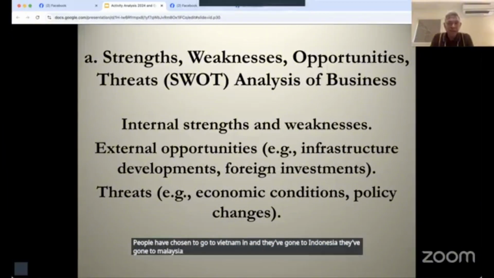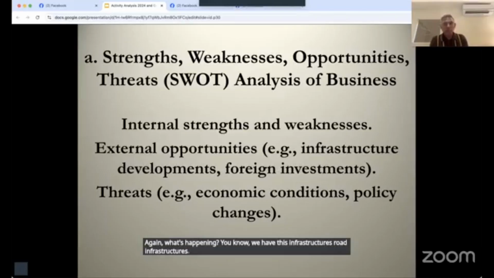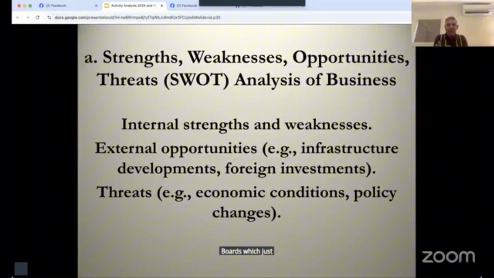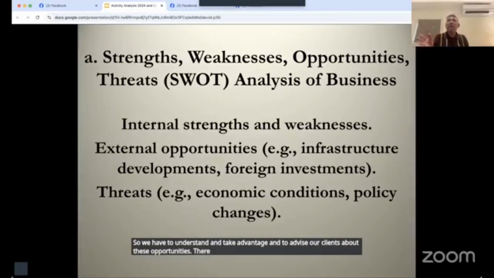All right. External opportunity. So again, what's happening? We have this infrastructure, road infrastructure, airports, ports, which just brought supply chains to a better range, right? So we have to understand and take advantage and advise our clients about these opportunities. Okay, there's a new road now.